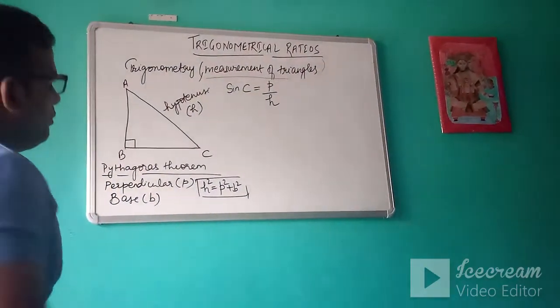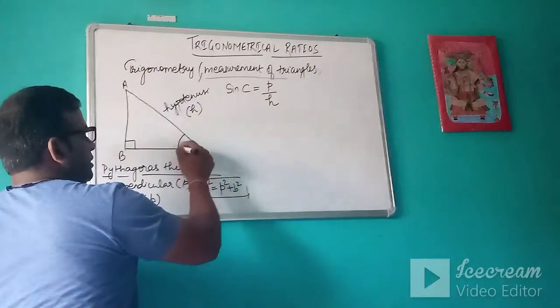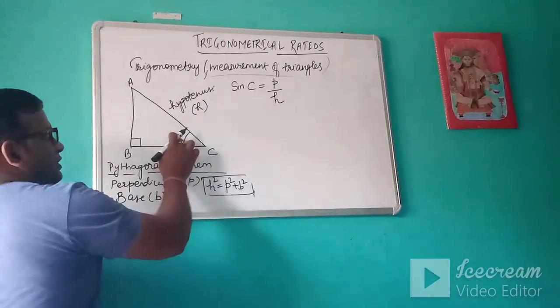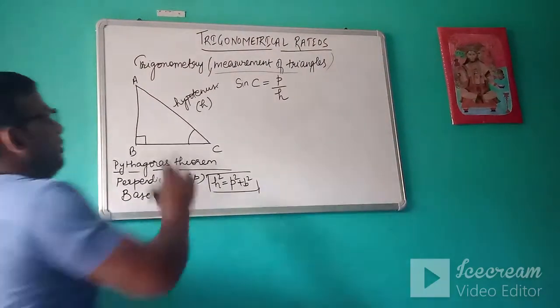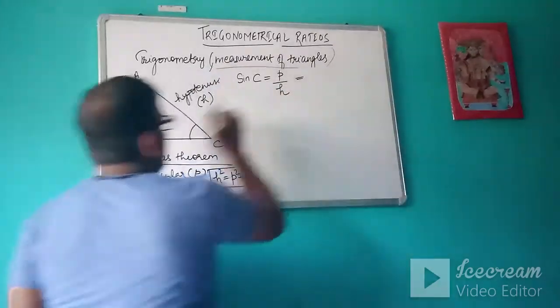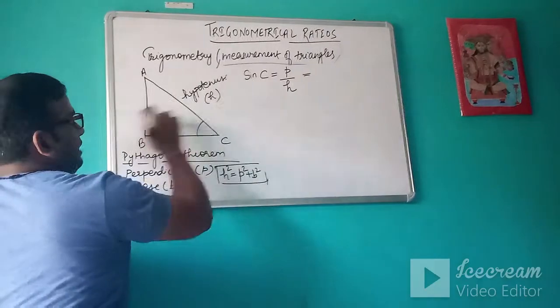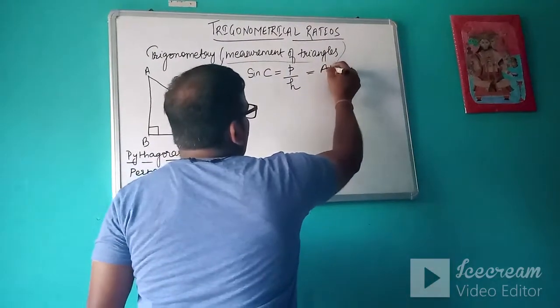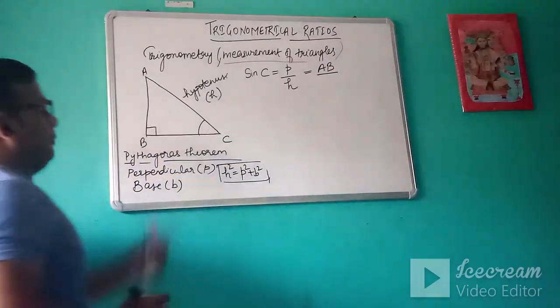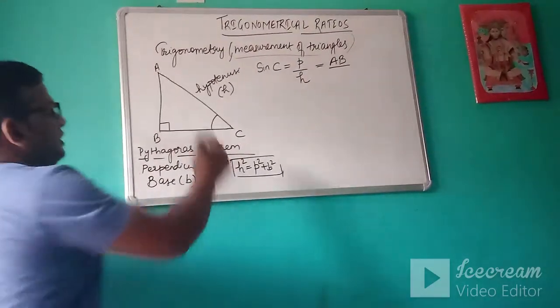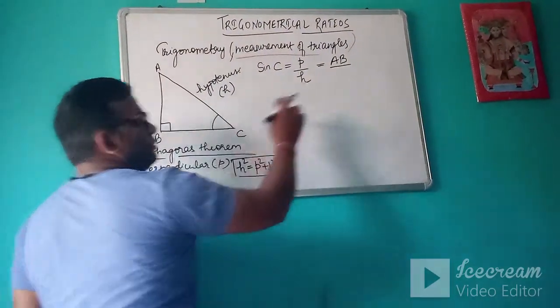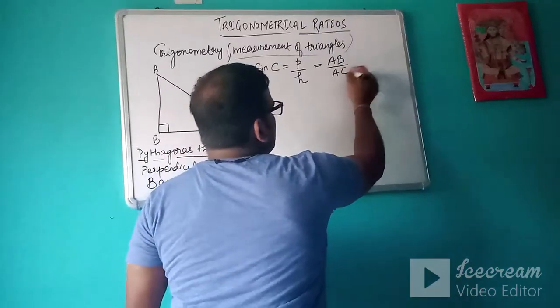Now this is my angle C. The side which is opposite to angle C will be known as the perpendicular. So in this triangle, P is AB, and we already know that the hypotenuse always remains fixed for a particular right angle triangle. That means AC will always be the hypotenuse. So what is your hypotenuse? AC.